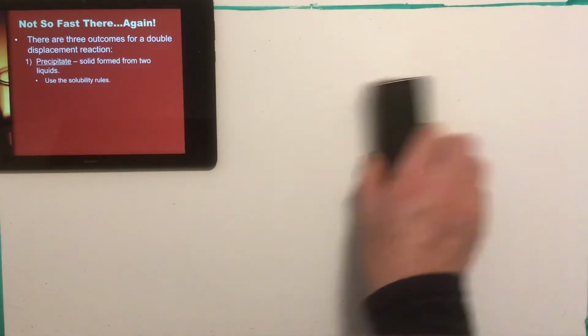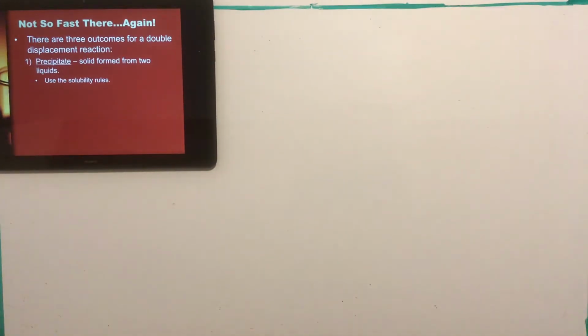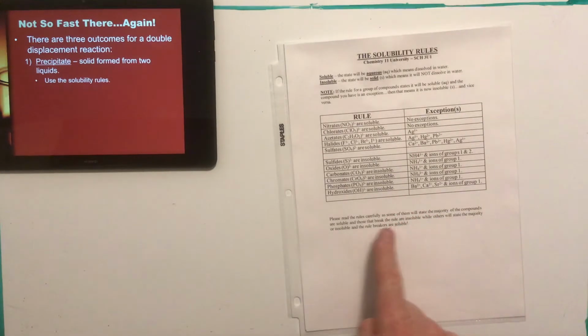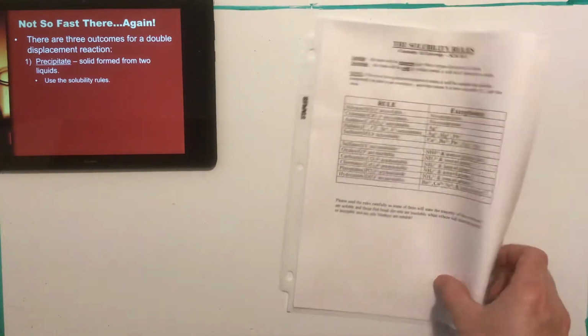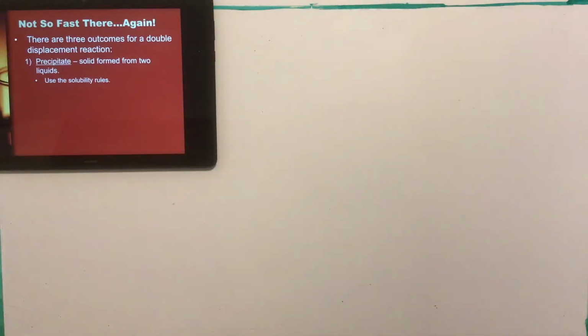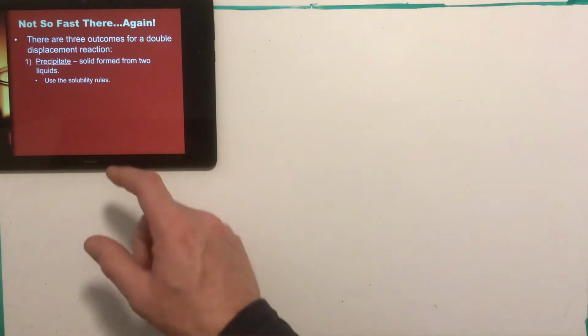So that's one of the outcomes of a double displacement reaction, a solid forming where there was no solid before. And that's where we're going to use the solubility rules as indicated in the note. In the solubility rules, and we will get there, it tells you what will become a precipitate or a solid, and what will stay as a liquid or in a solution phase called aqueous, dissolved in water.